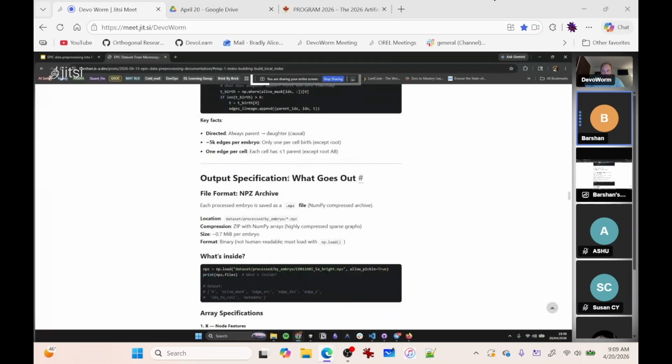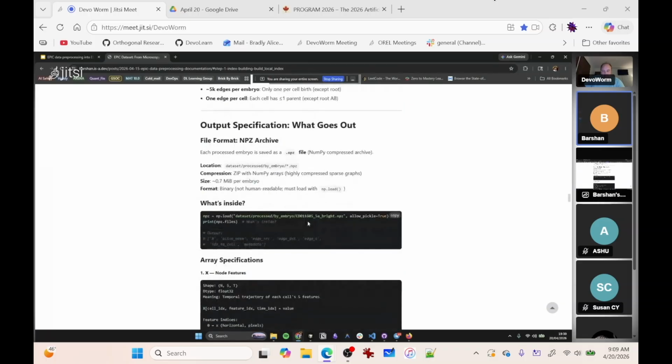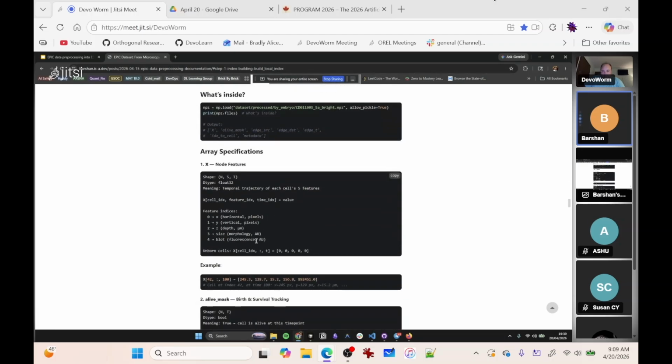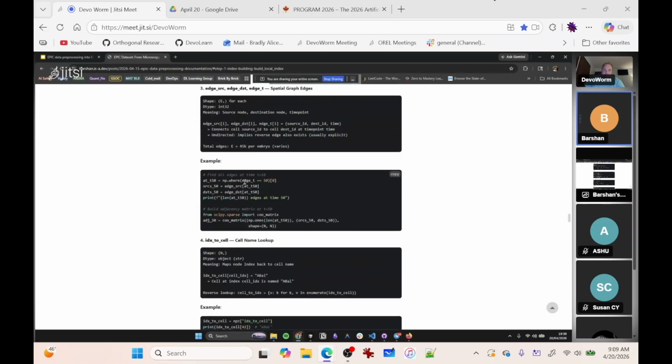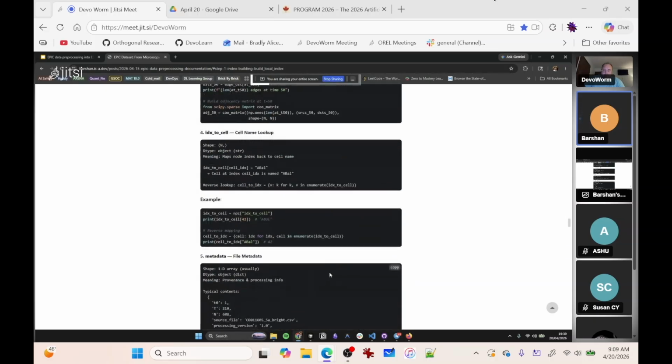Then there is the output specification, what goes out into the NumPy npz file.